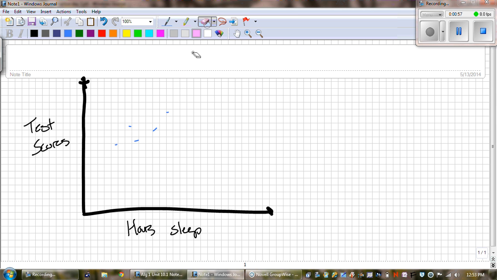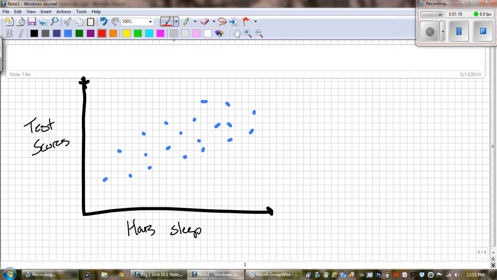I'm sorry, I'm doing these really fast. So we had a bunch of points. This is probably a lot more points than what was actually going on, but they concluded that the more hours of sleep you get, the higher your test score was.